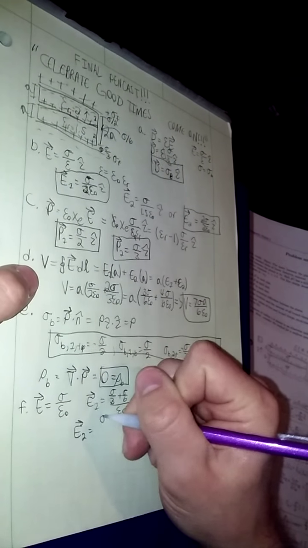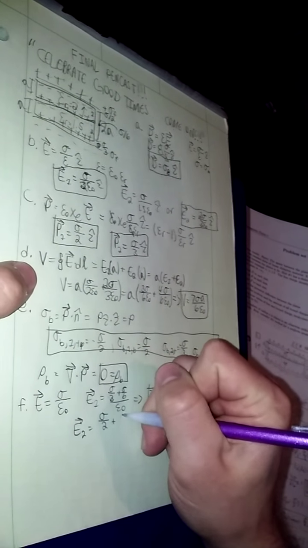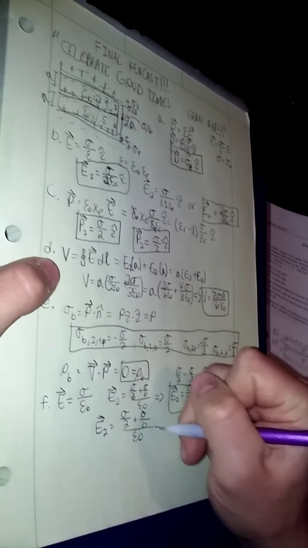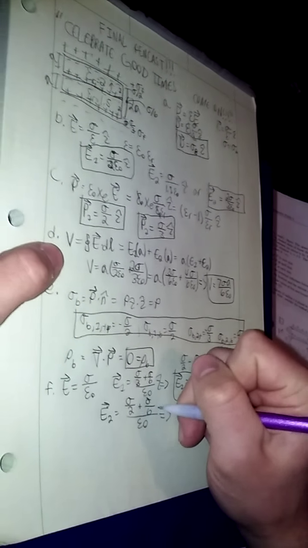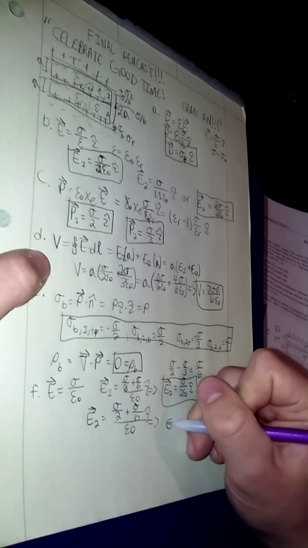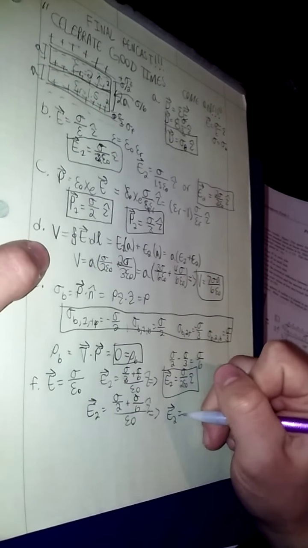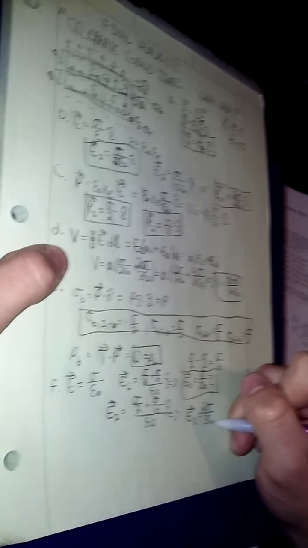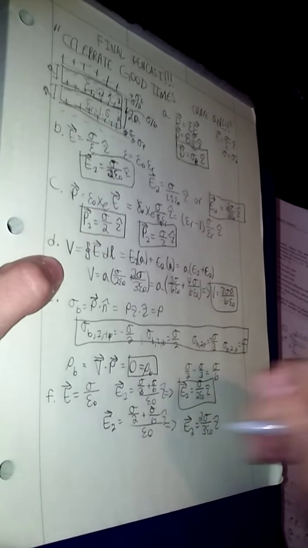E2 equals sigma over 2 plus sigma over 6, over epsilon naught, in the z-hat. And then when you put that together, E2 equals 2 sigma over 3 epsilon naught in the z-hat direction.